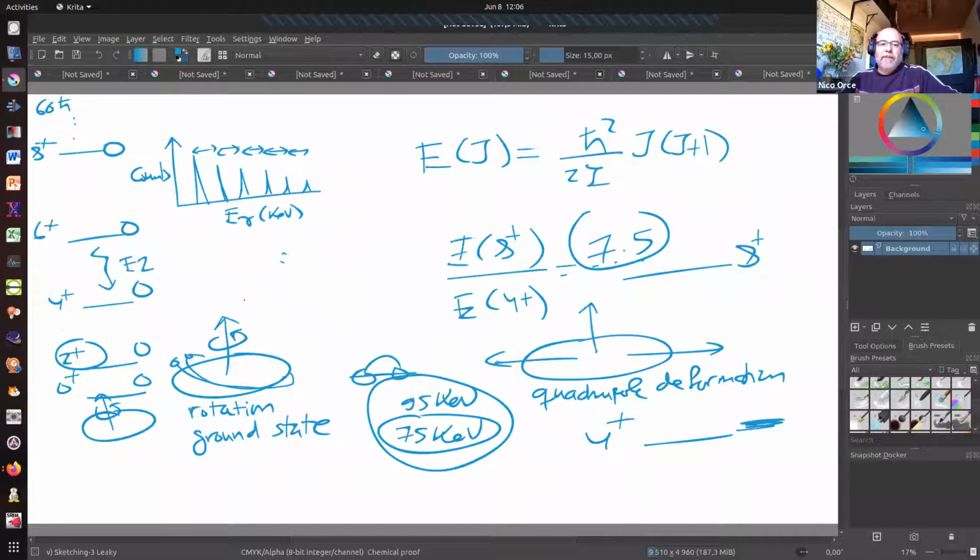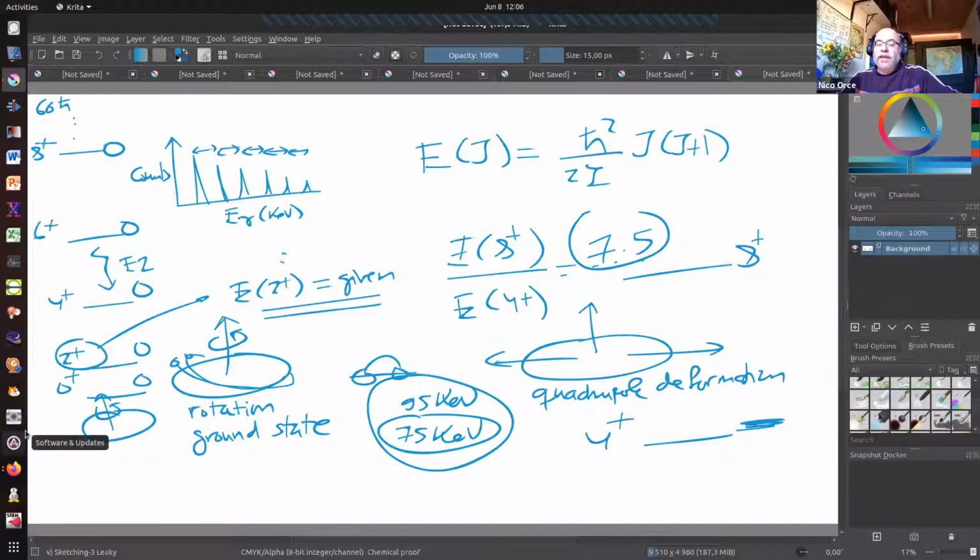Is that clear? Yes, thank you, Prof. So the energy of the 2 plus will be a given, because this energy is crucial, because we don't know how good a rotor this nucleus is unless we see the energy here.